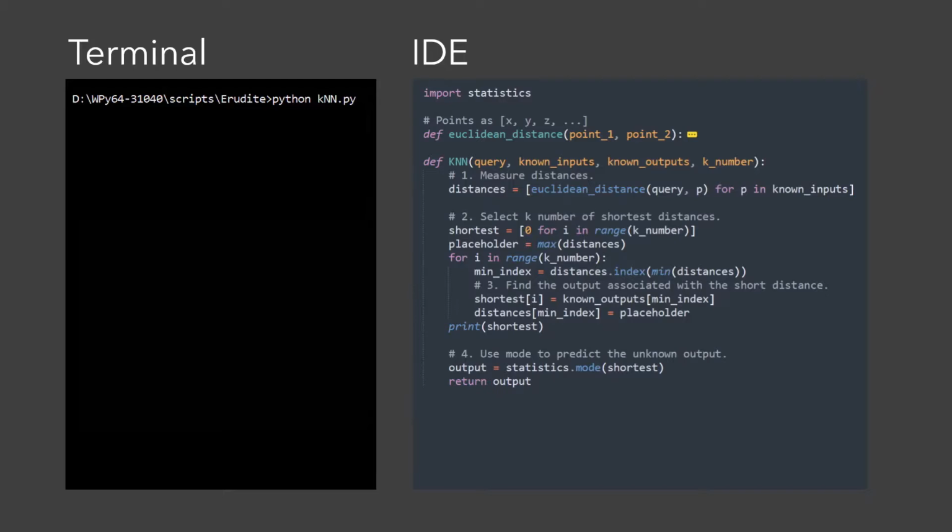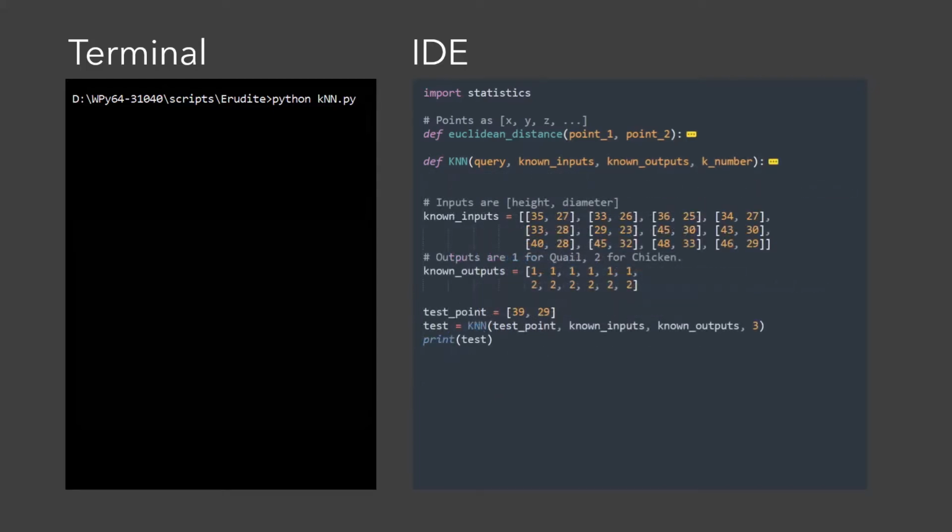So let's just minimize this function, and we'll look at it with the example that we did before as a data query. So you can see here that I've got the inputs as a 2D array with height and diameter, and the outputs for quail and chicken, where quail is 1 and chicken egg, sorry, is 2.